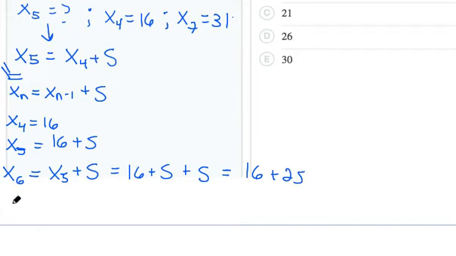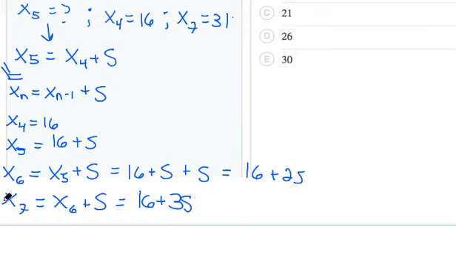If we continue with this pattern and take a look at x sub 7, using the series definition, it's equal to x sub 6 plus s. Substituting 16 plus 2s in for x sub 6, we end up with 16 plus 2s plus s, so 16 plus 3s.